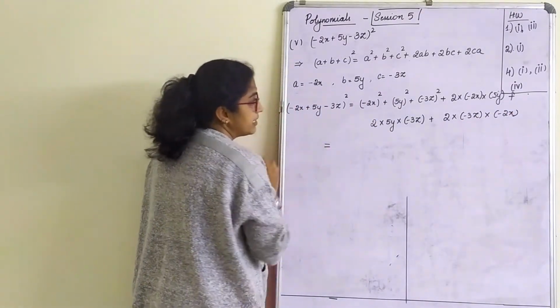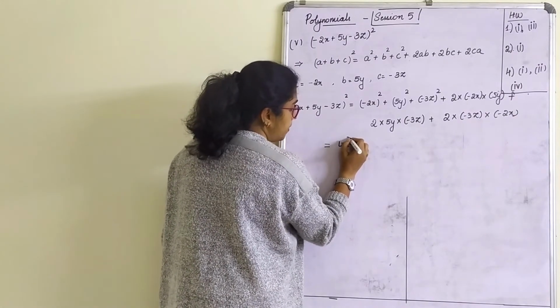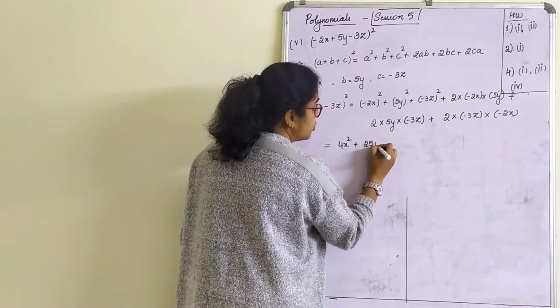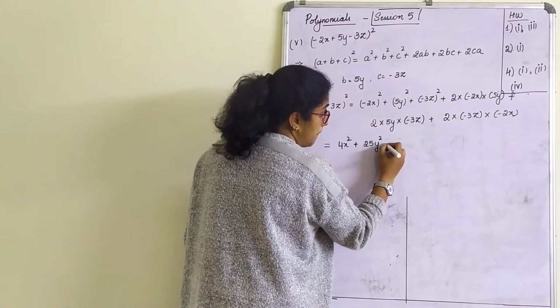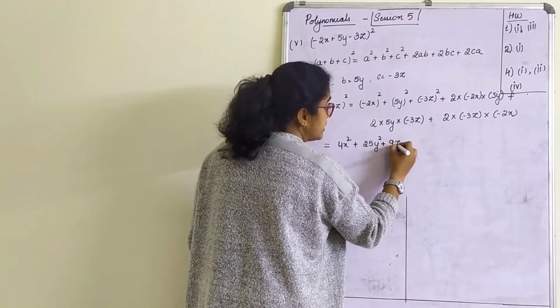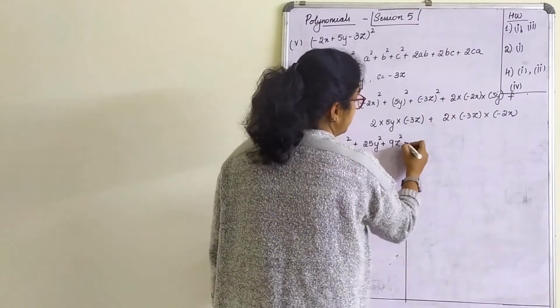Let's simplify this. 2x whole square, minus 2x whole square is plus 4x square plus 5 square, 25y square, minus 3z whole square is plus 9z square.